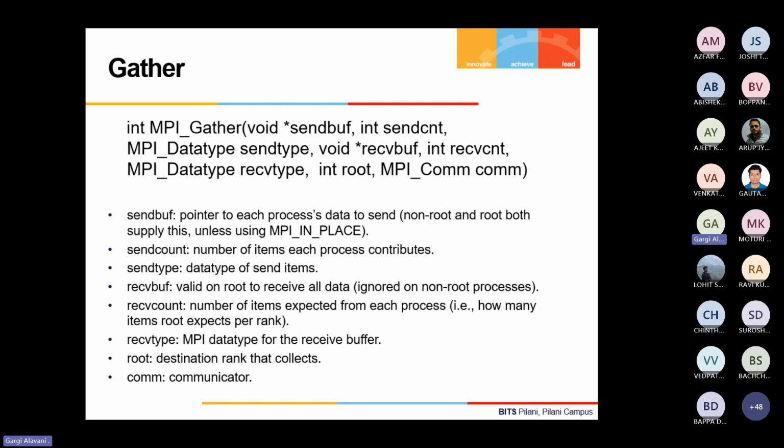Send count, the number of items each processor will send. Send type, the data type of these items. Receive buffer, which is valid on root to receive all the data. Receive count, which is the number of items expected from each process. Receive type, the type of data. The root, which is going to collect all this received data, and the communicator.